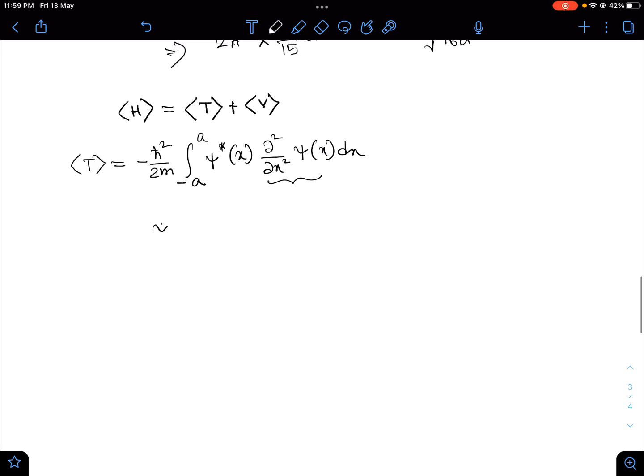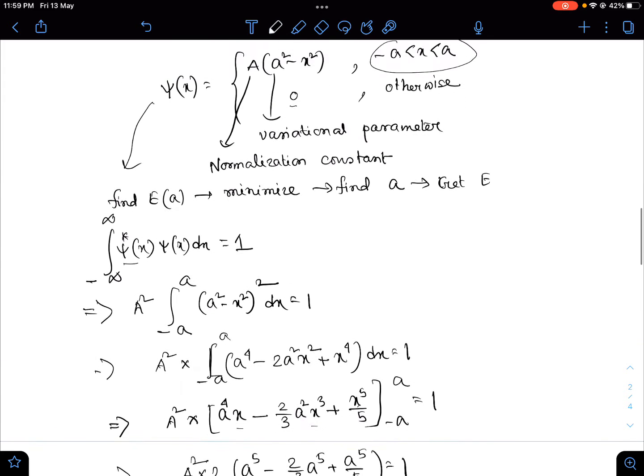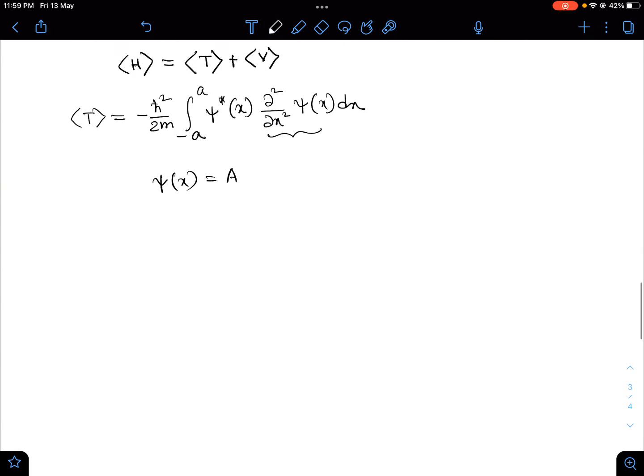So we have our psi(x) to be A times (a squared minus x squared). So d psi dx will be minus 2Ax, and d2 psi dx squared, since psi is only a function of x, so its partial derivative and total derivative will give us the same result, will be minus 2A.